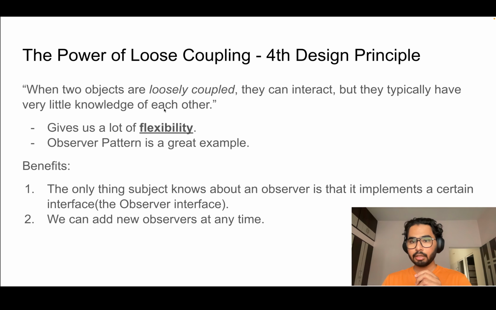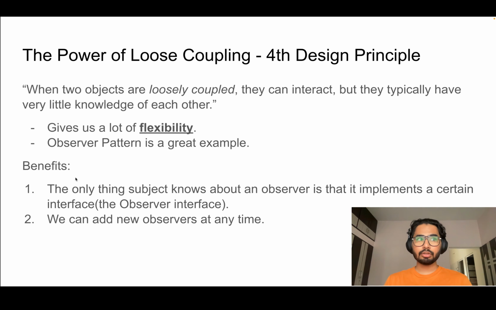We are calling the update method from the subject, and our subject has very little knowledge beyond the fact that it has an update method. That's all. It doesn't know any nuances or extra things. So it gives us a lot of flexibility, and the observer pattern is a great example of loose coupling.